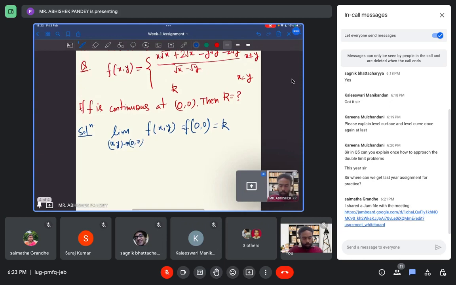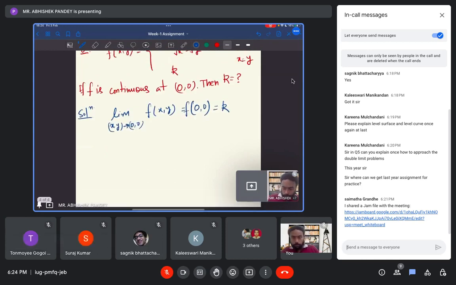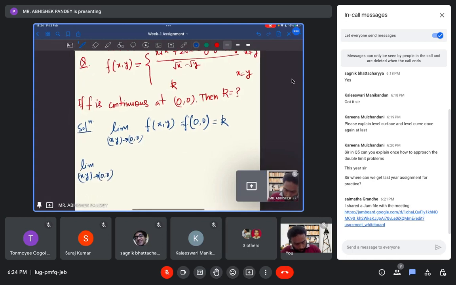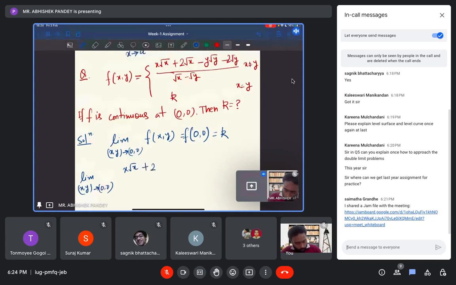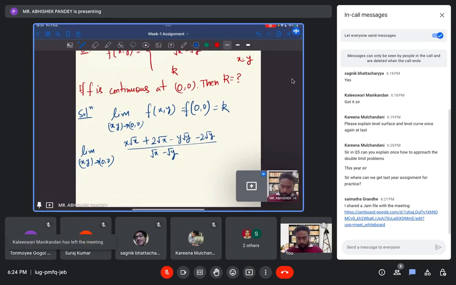So basically, to find the value of k we have to find the limit of this function when (x, y) tends to (0, 0). The limit of (x root x plus 2 root x minus y root y minus 2 root y) upon (root x minus root y). We have to find the limit of this function.